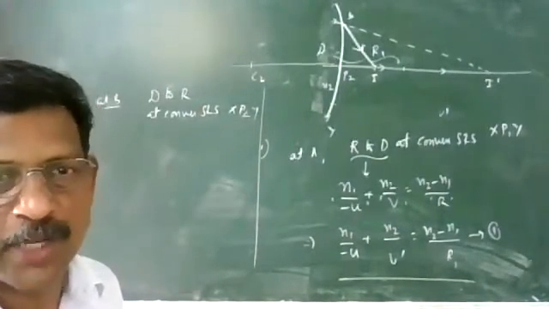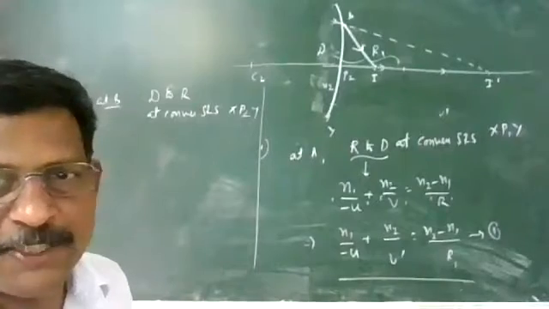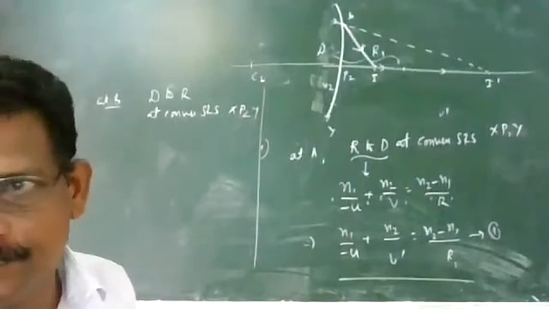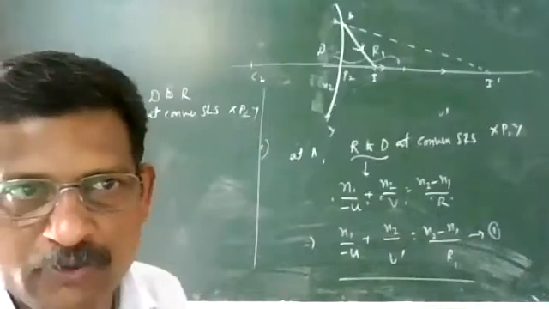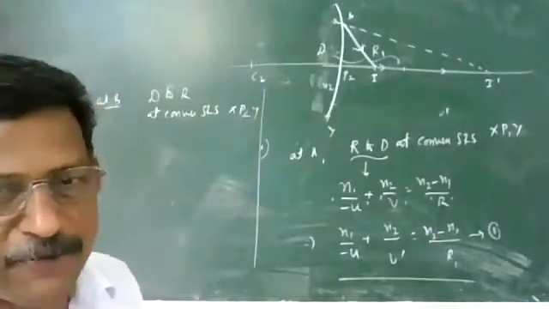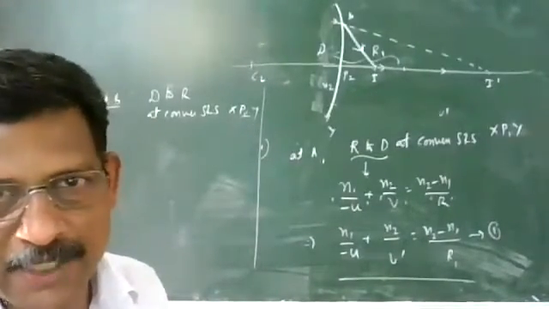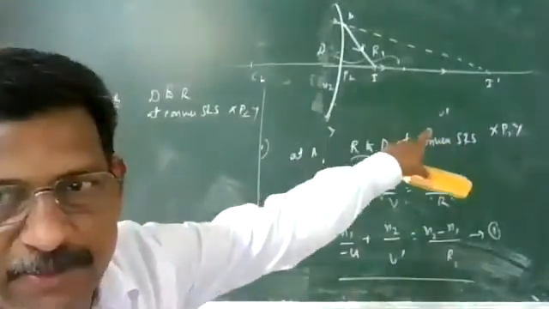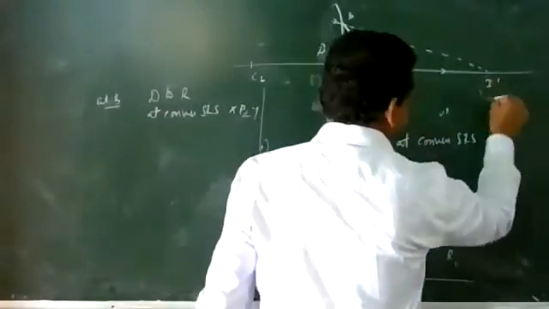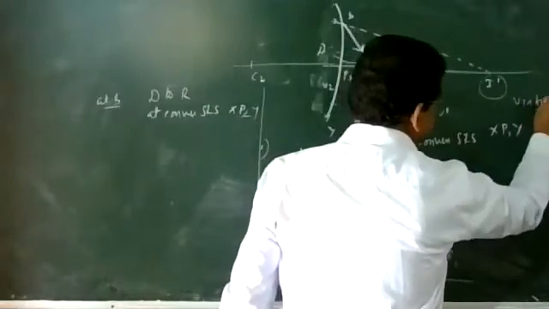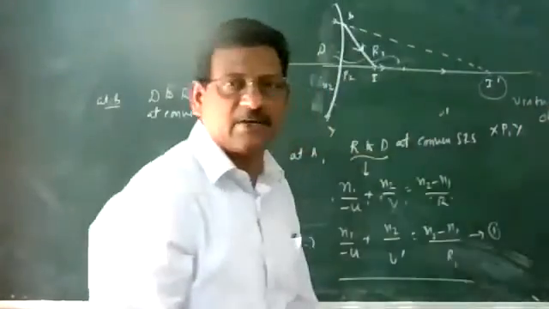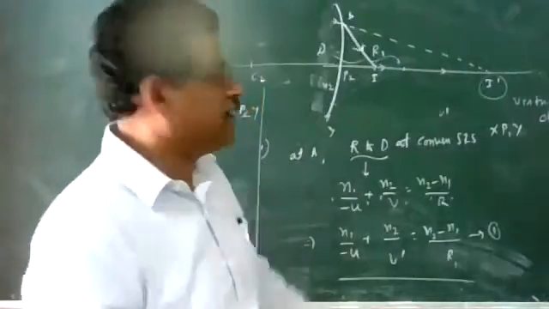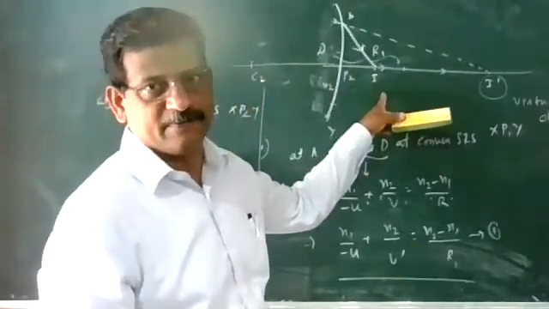This is a very important point, and this is the way you recognize it. The image of the first surface, that will act as the virtual object for the second surface. The first surface's work is done. If the second surface is not there, the first surface will make its image at I dash. This I dash will act as virtual object for the second surface. Its final image is formed at I.